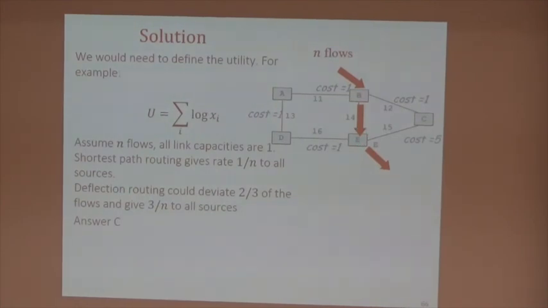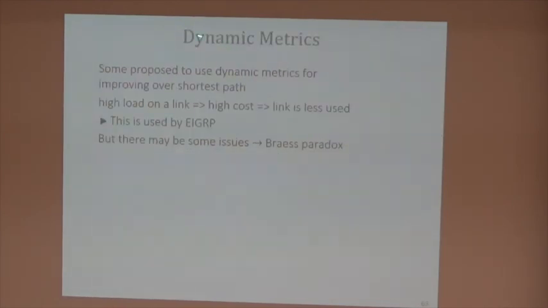Right? And shortest path routing will never do it, except if you manage to give the same costs to the 3 paths here. Right? So you can manipulate shortest path routing in order to have equal costs in this case here. This is one direction that is used by some. So the idea is to use dynamic link metrics.